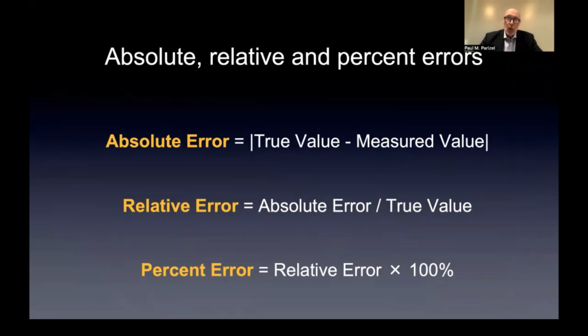If you measure an object that is a tumor, for example, that is 12 centimeters in diameter, and you have an error of 3 millimeters, that is your absolute error. But the relative error is the 3 millimeters relative to the 12 centimeters. So your measurement is actually pretty good. You can also express that as a percent error.